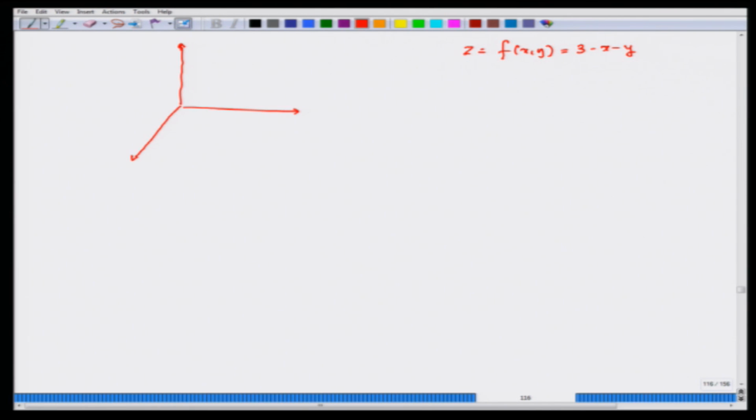And what is the triangular region? I am fixing the triangular region at x equal to 1, I am looking at the line this, and I am looking at the line y equal to x. So, this is the line y equal to x and this is the line x equal to 1, basically this is the point (1, 0, 0), and if I look at this expression, this would be a plane which would be of this form.